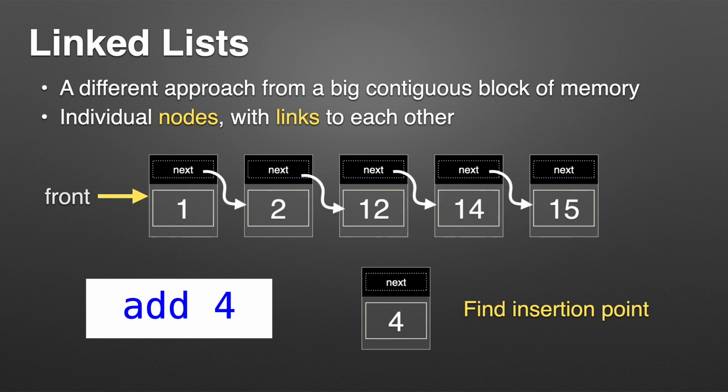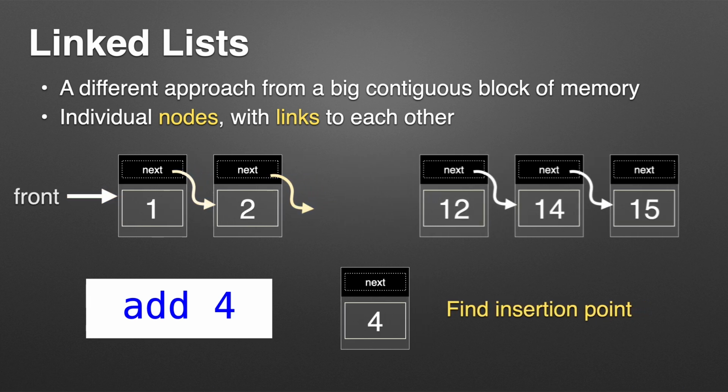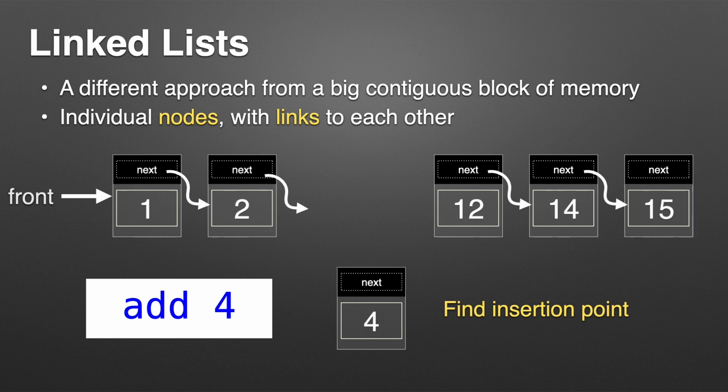So we start at the front of the list, because that's what we have access to, and then we see, is that less than 4, is it greater than 4? Where does 4 fit? We navigate down until we find 12 is too far, so obviously this is where 4 fits.